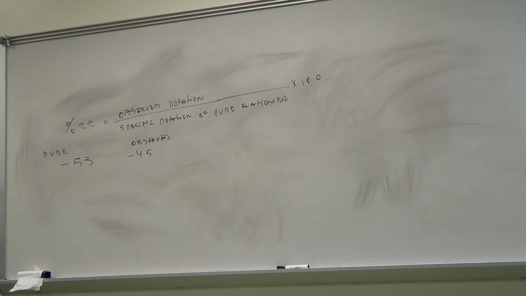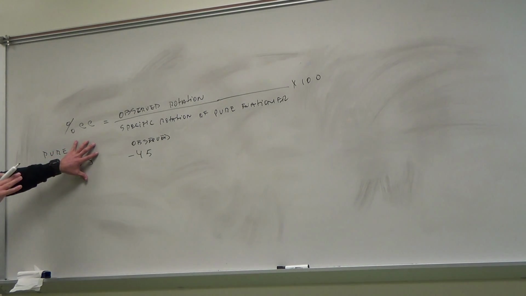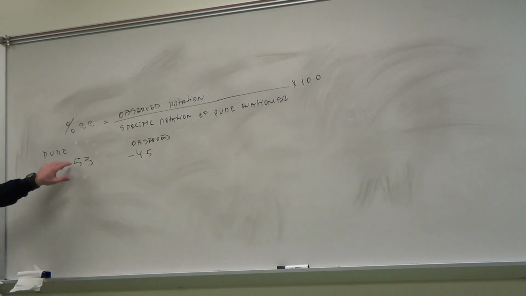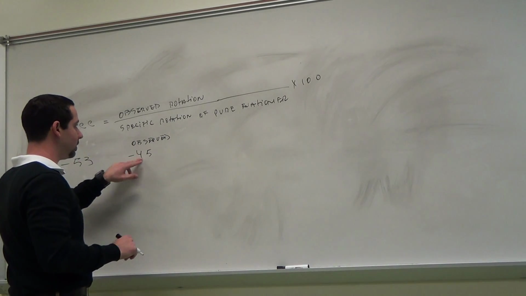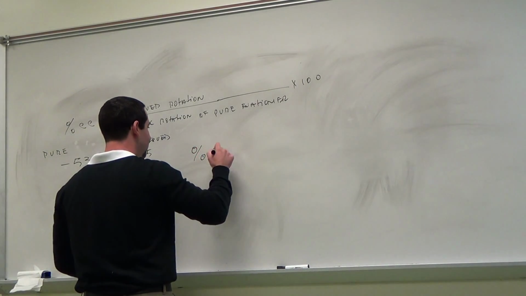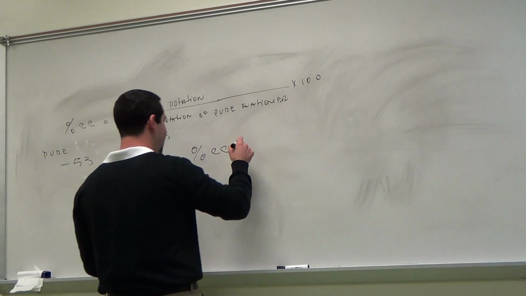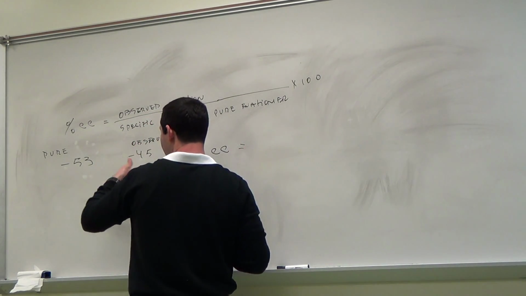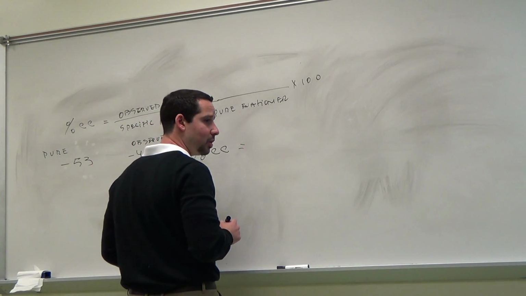So if you had the pure enantiomer, that means either R or S. It doesn't matter what it is, but it is negative. And this is the observed. We are going to calculate the percent enantiomeric excess by dividing the little number by the bigger number, yes?